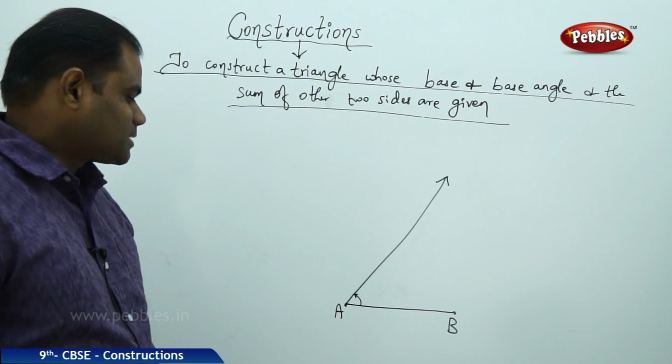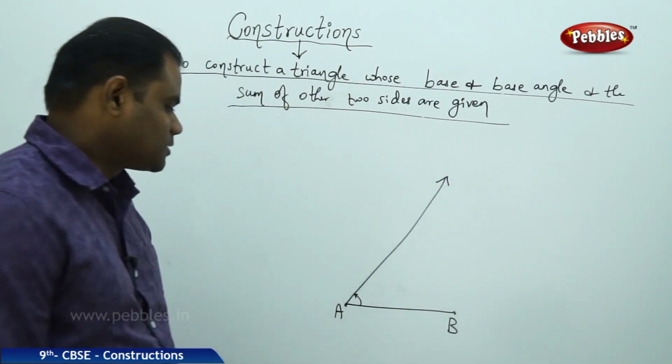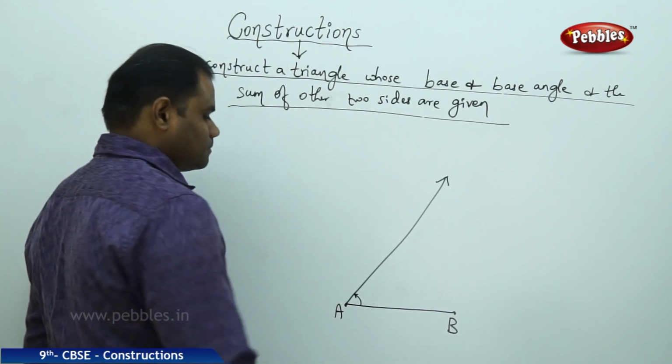So once I get the base angle using the protractor pointed at A, after this let's take the sum of two sides.